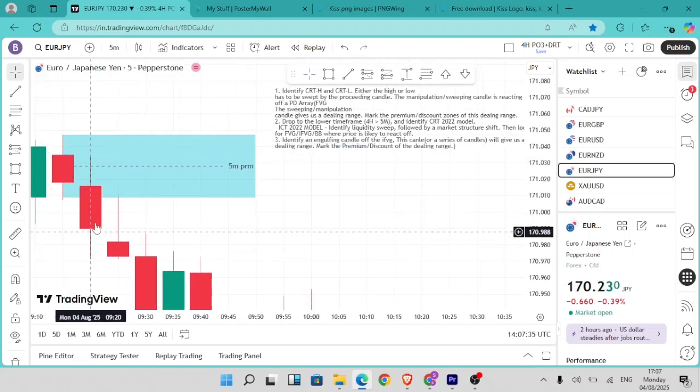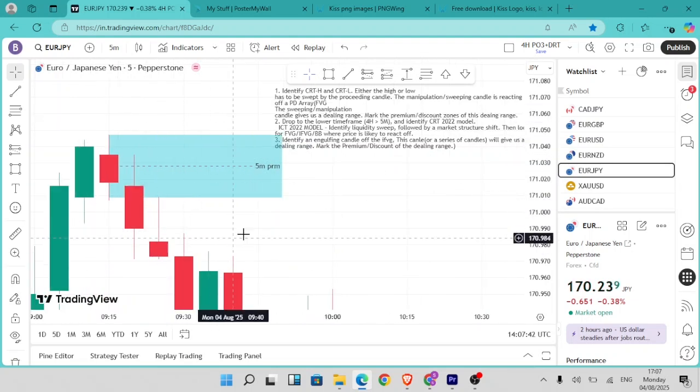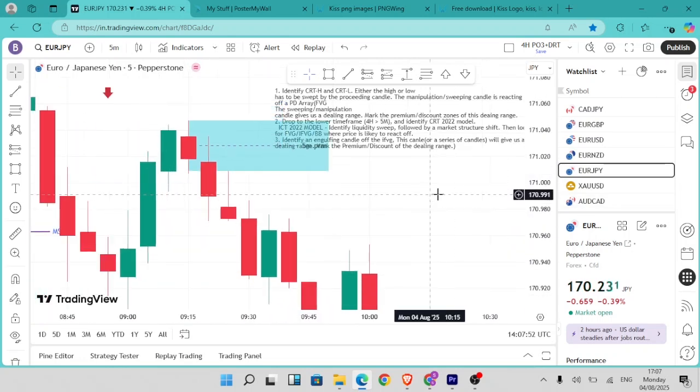The 5-minute candle closed. You marked your dealing range very fast because you have to be quick, and then the next 5-minute candle opened and tapped into the premium of this dealing range and kept dropping.